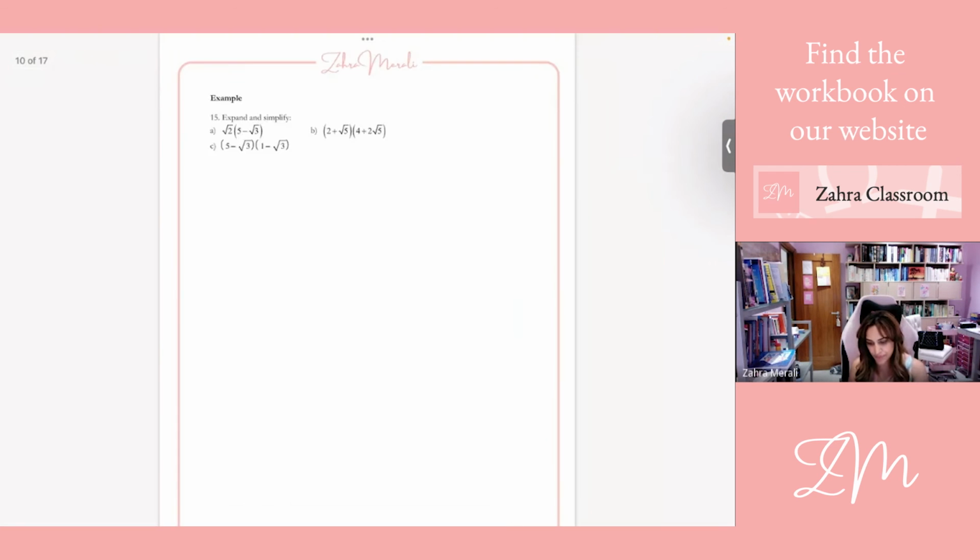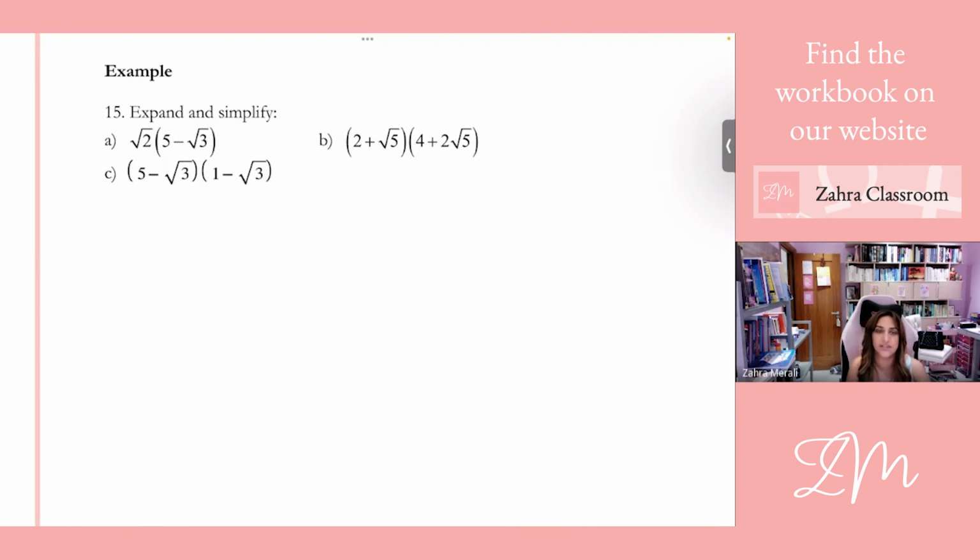Right. We've got a few to expand. So this is putting together all those rules that we have. So we've got our brackets, and we're opening out our brackets and we're using our surds. So we've got root 2 times 5, minus root 2 times root 3.